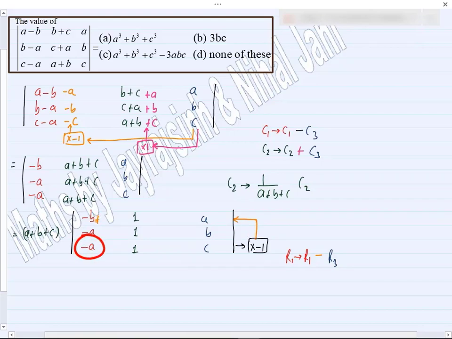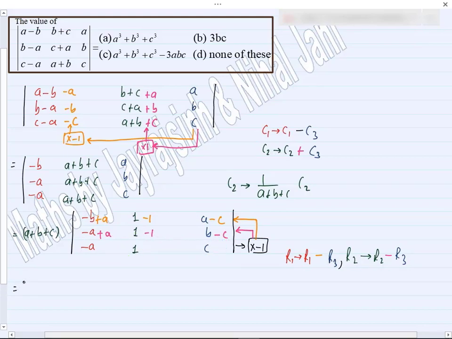So we'll get plus a, minus 1 and minus c. And in the same way we can do it with the second row, R2 gives R2 minus R3. So we have to multiply the third row by minus 1 and add it into the second row. We'll get the same quantities, plus a, minus 1 and minus c.